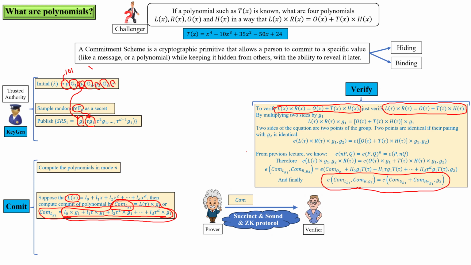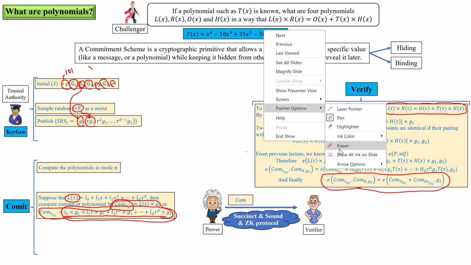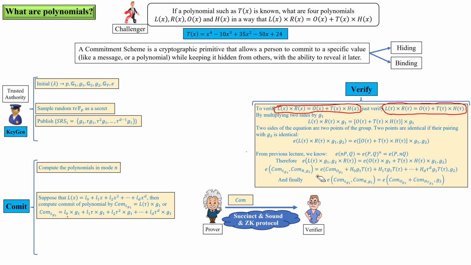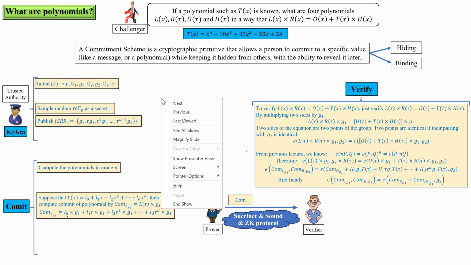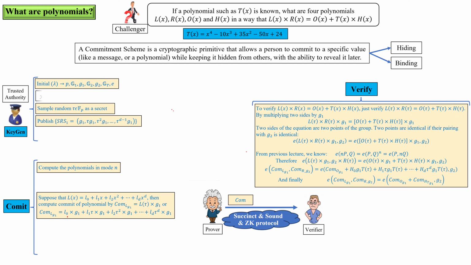Okay, so now we want to follow this protocol and algorithm using our exemplified polynomials and the group that we discussed in previous lectures. So let's see the exemplified group. At the trusted authority, the key generation round first needs to pick the prime value.